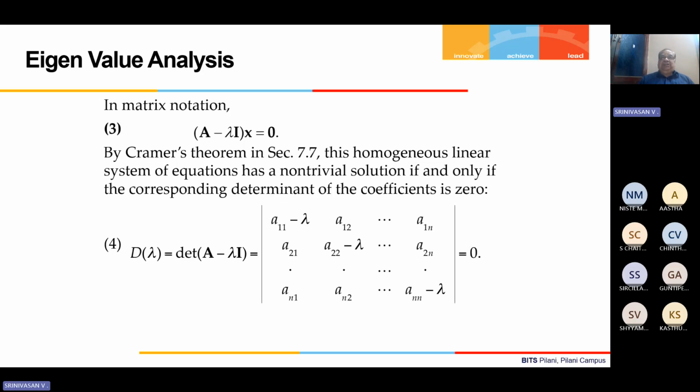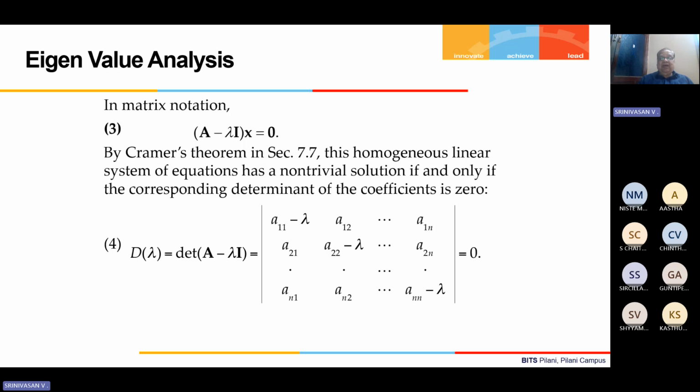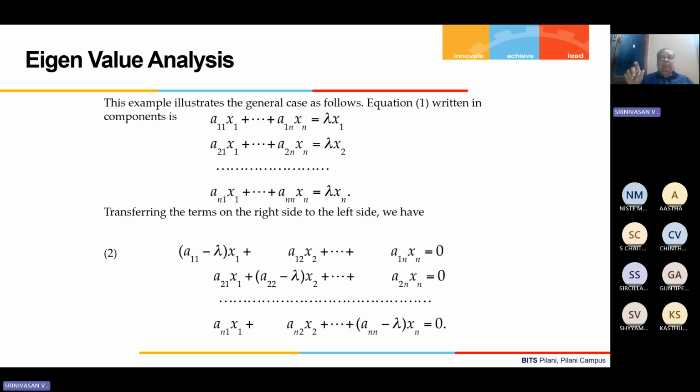In matrix notation, this set of equations can be written as (A minus lambda I) times X equal to O. Why is it lambda I? Because you have in the principal diagonal a11 minus lambda, a22 minus lambda, etc., ann minus lambda.